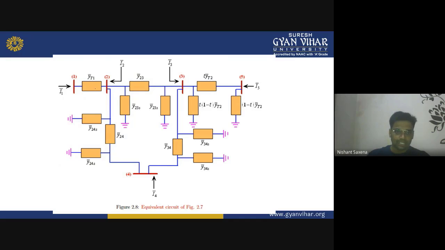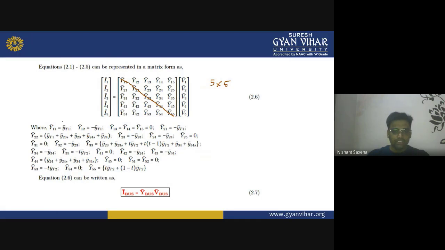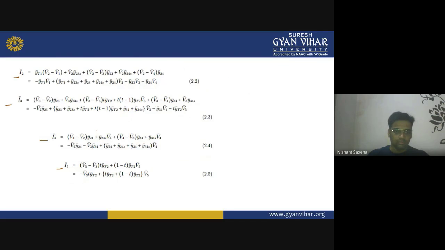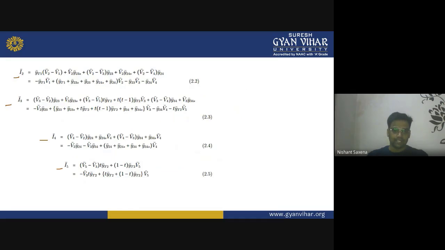Now Y12 is minus of YT1. When we are writing it as 1 to 2, that means we are moving from 1 to 2, and we take this as negative. We will always take the off-diagonal elements with negative polarity.